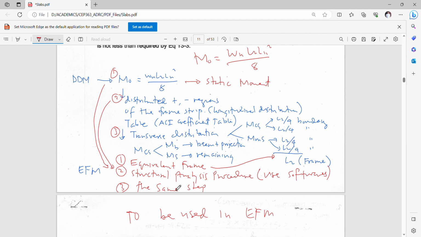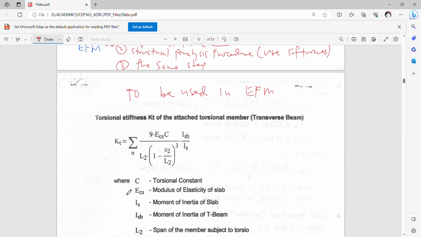Now, on step number 2, my discussion here will be significant because these stiffnesses that we need in our frame analysis, our structural analysis, will be involved in step number 2.